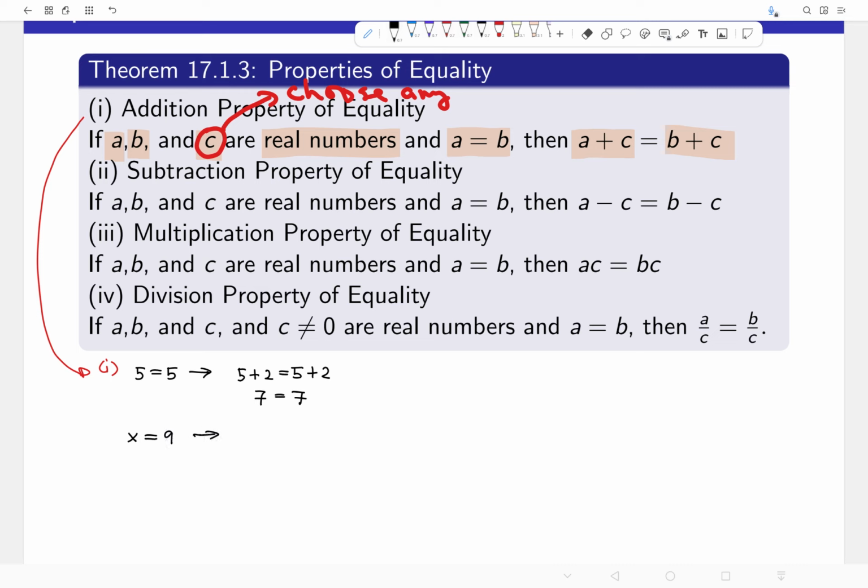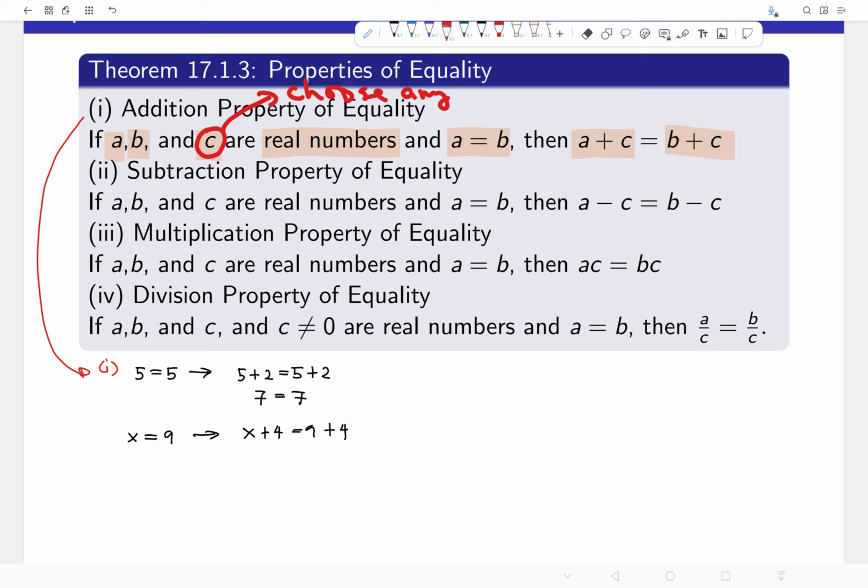If you add any number to both sides of the equation, let's say 4, so if you add 4 to both sides, still you have the same quantities. So x plus 4 will always be equal to 9 plus 4. So that is the addition property of equality.